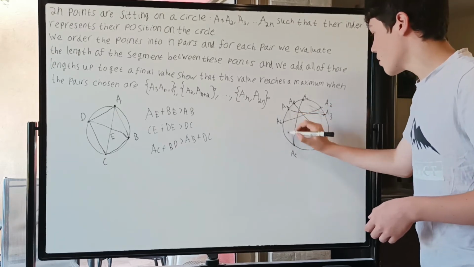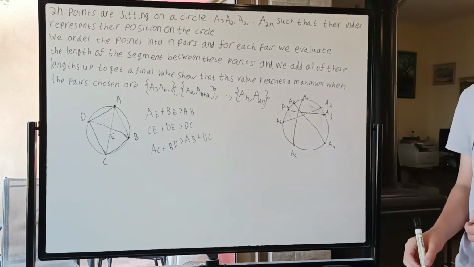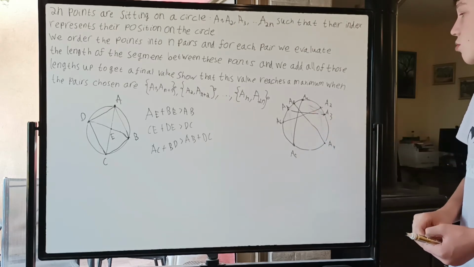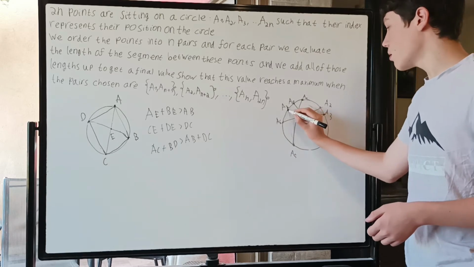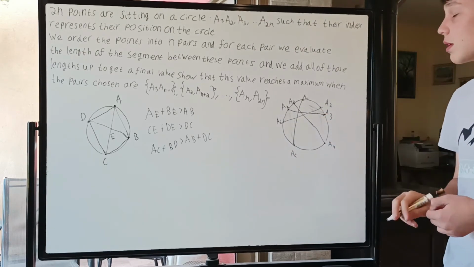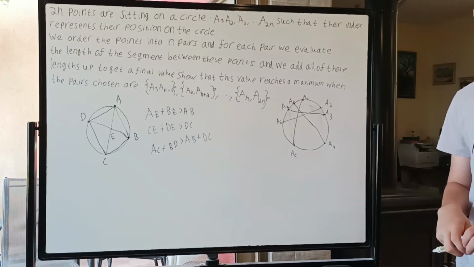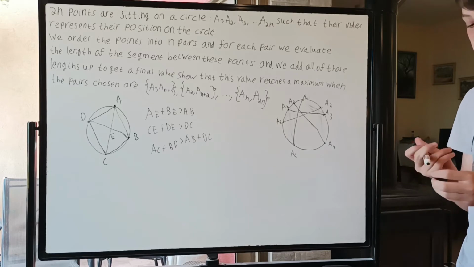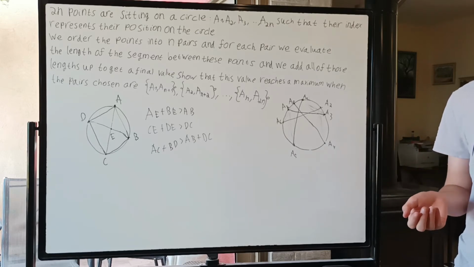And here we can't do this any longer. If you take any two segments here, you'll see that they cross at a point inside the circle, meaning that we can't increase this any further.